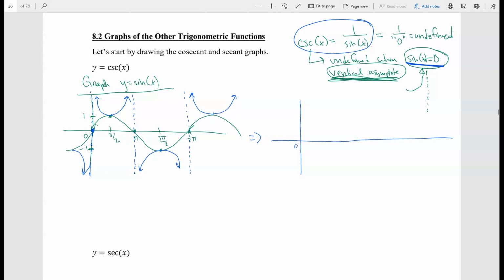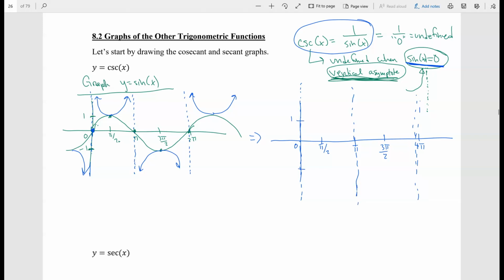So you're going to have 0, pi over 2, pi, 3 pi over 2, and then 2 pi. Your asymptotes are going to start at 0, then go to pi, and then to 2 pi. So you're going to have these vertical asymptotes. And then you're going to have a 1.